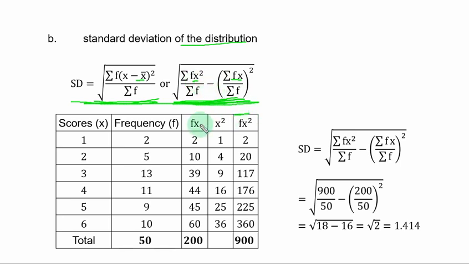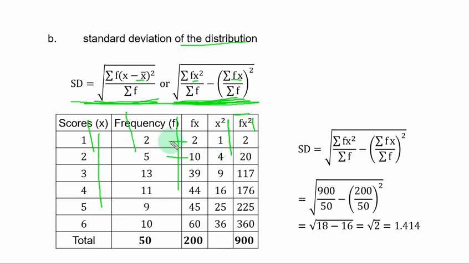To get Fs, you multiply S by F. 1 times 2, 2. 2 times 5, 10, and so on. To get S squared, you square each value of S here. 1 squared is 1, 2 squared is 4, 3 squared is 9, and so on. To get Fs squared, you multiply the frequency column by the S squared column.